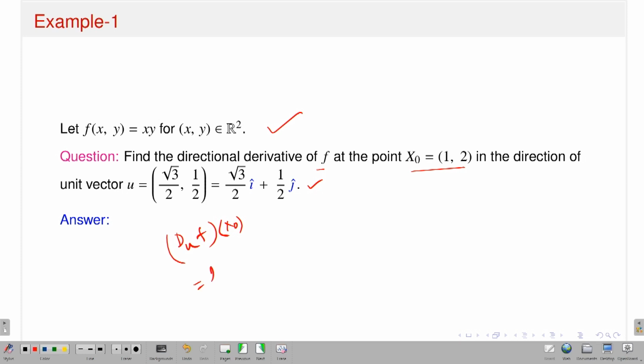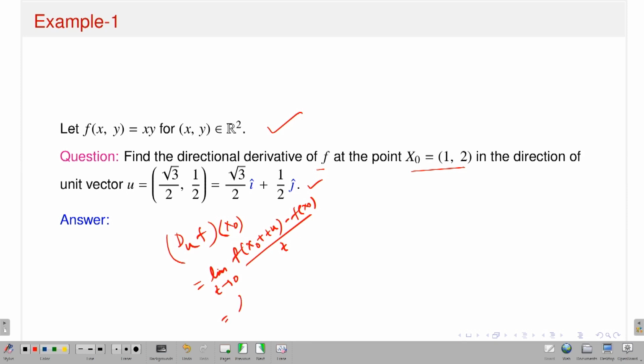The definition is the limit as t approaches 0 of f of x naught plus t u minus f of x naught, divided by t. That is the limit you have to calculate.